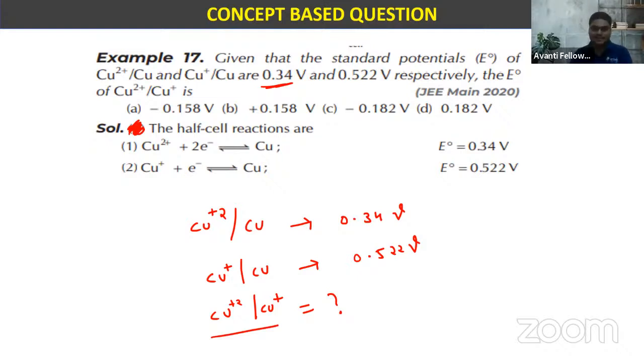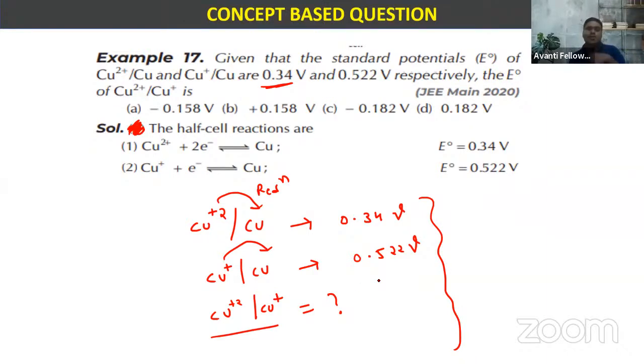We know only a very simple reaction. What do you mean by this plus 2 charge? Can anyone explain? This is the oxidation number. Here, reduction takes place, from Cu2+ to Cu.